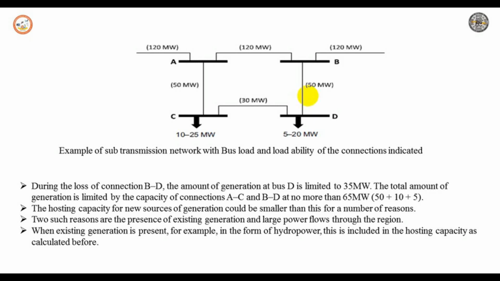The total amount of generation is limited by the capacity of connections A-C and B-D, which is not more than 65 megawatts. Again, the split is shown as 50 plus 10 plus 10.